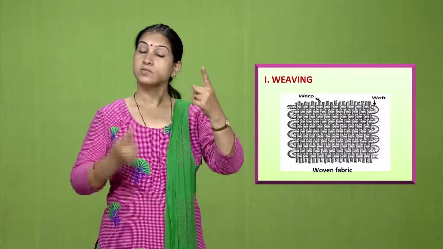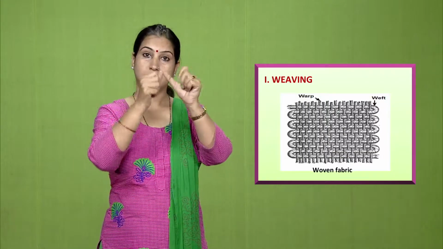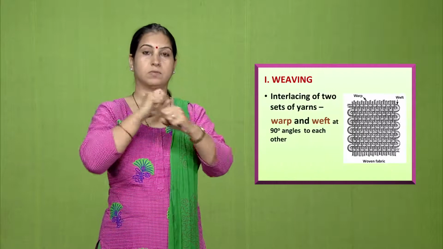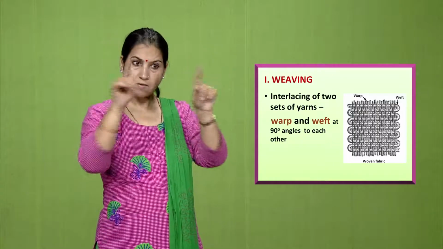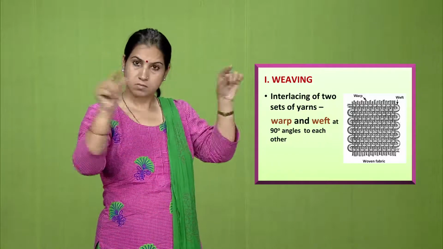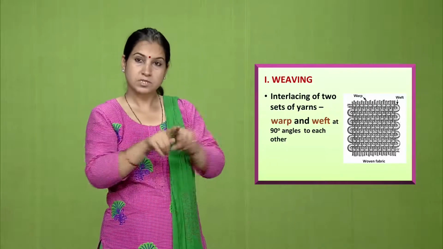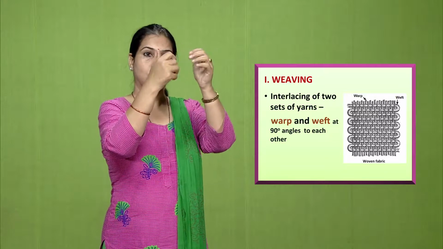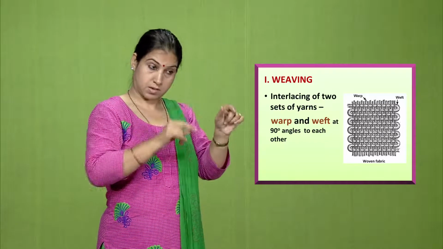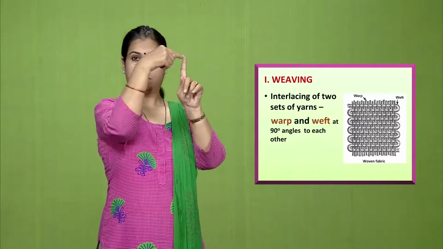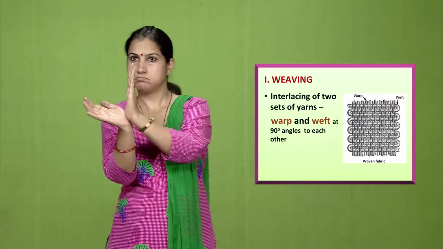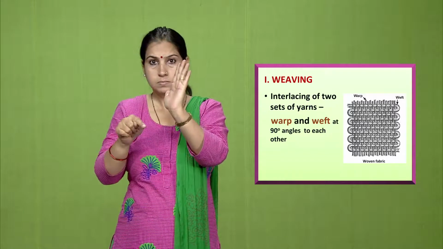First, we'll talk about weaving. Weaving is interlacing of two sets of yarn, that is warp and weft, at 90-degree angles to each other. This is a woven fabric.